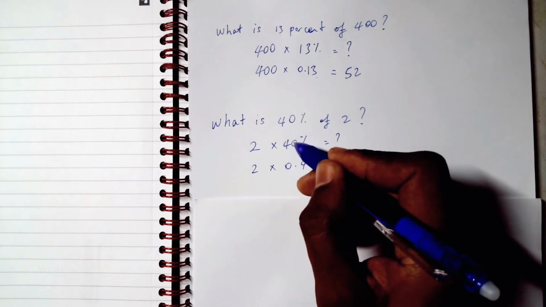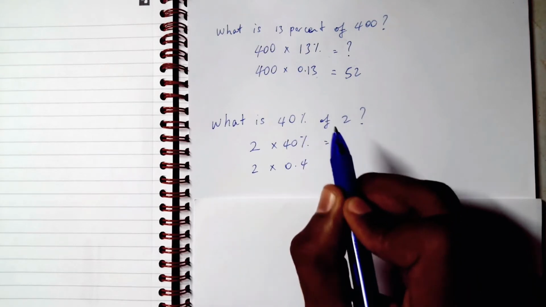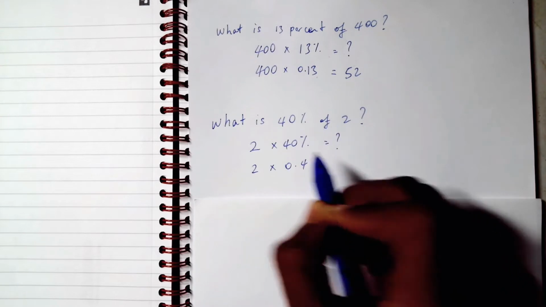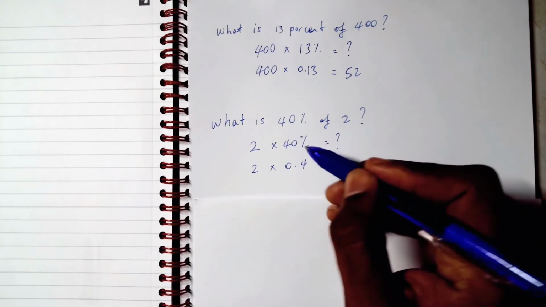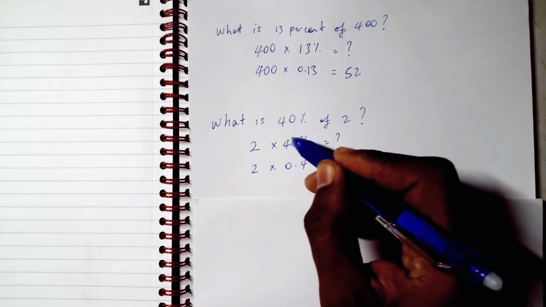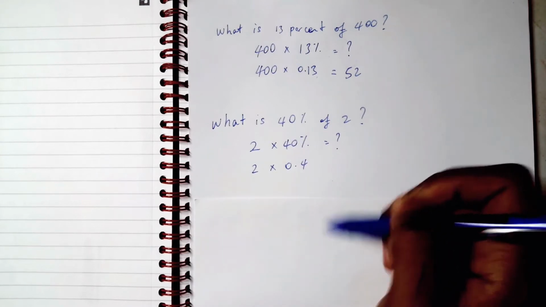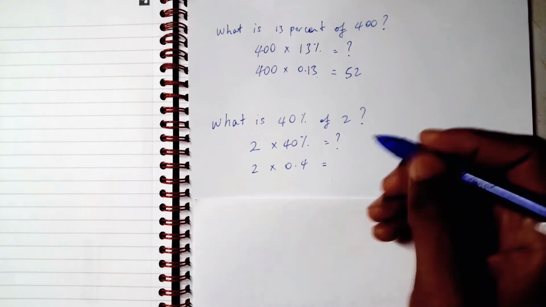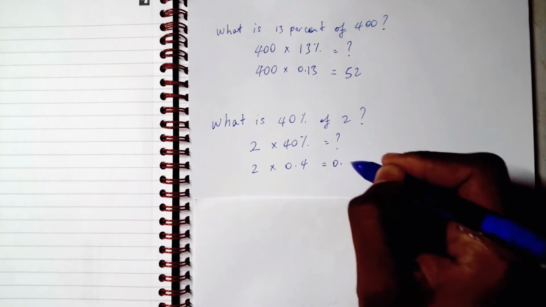When we divide 40 by 100, that's how we convert the percentage to decimal. We divide the percentage by 100 and we get the decimal. So this will result in 0.8.